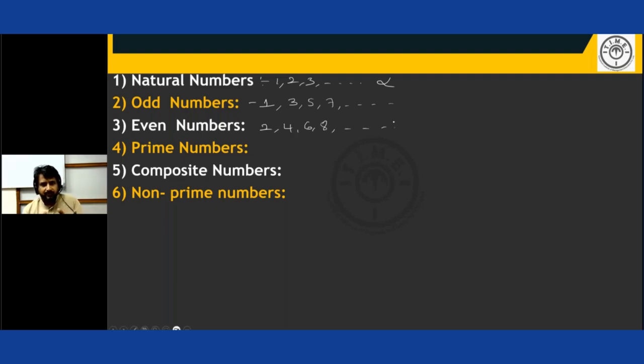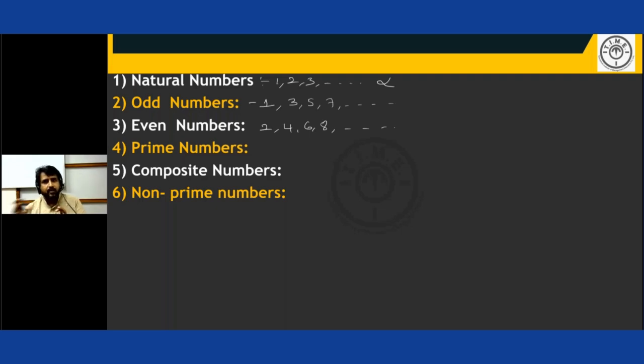Why do we have to remember this? Why do we have to recollect this? You know natural numbers, odd numbers, even numbers, prime numbers, composite numbers, and non-prime numbers. You know everything. But what is the purpose of recollecting these numbers again? See, my dears, in number series, you will always come across only these patterns: natural number pattern, odd number pattern.